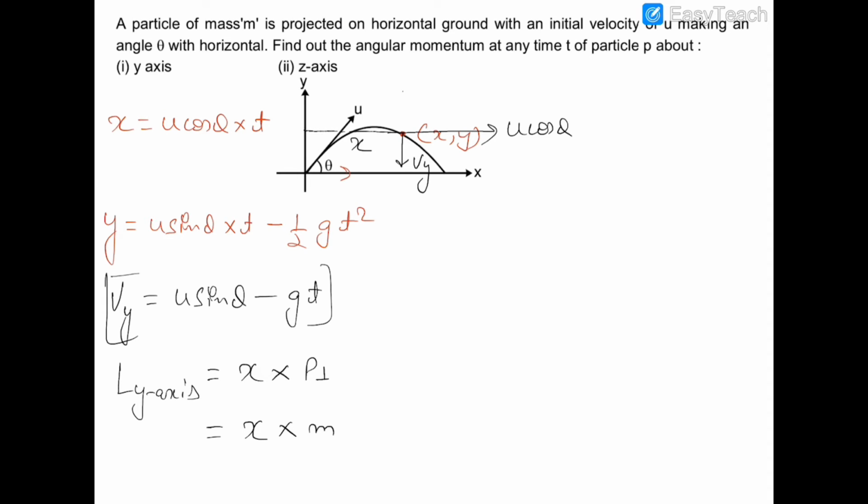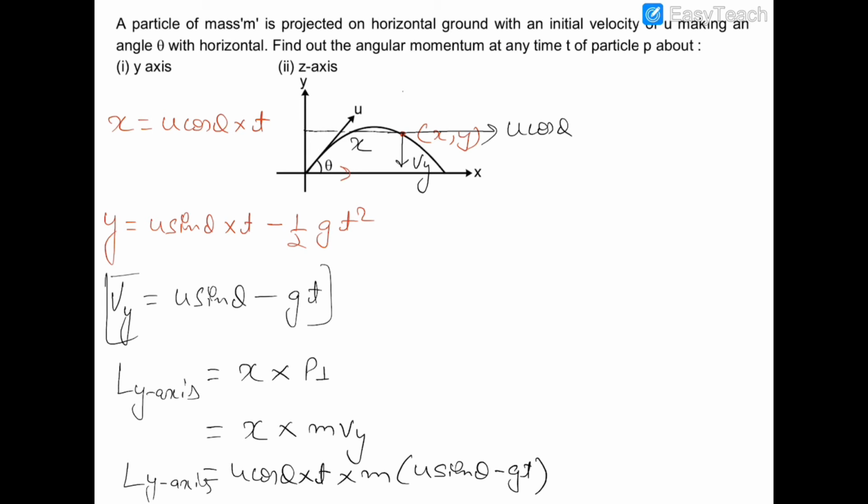P perpendicular is m vy, and x is equal to u cos theta into t, and vy is equal to u sin theta minus gt. So this is the angular momentum about the y-axis.